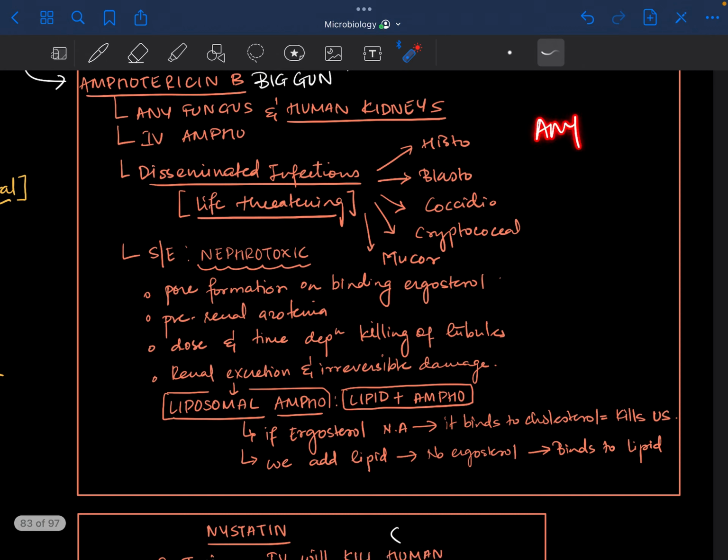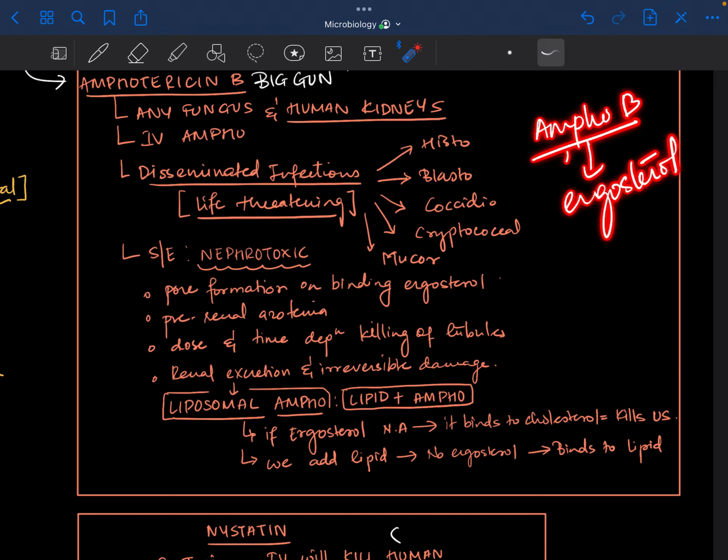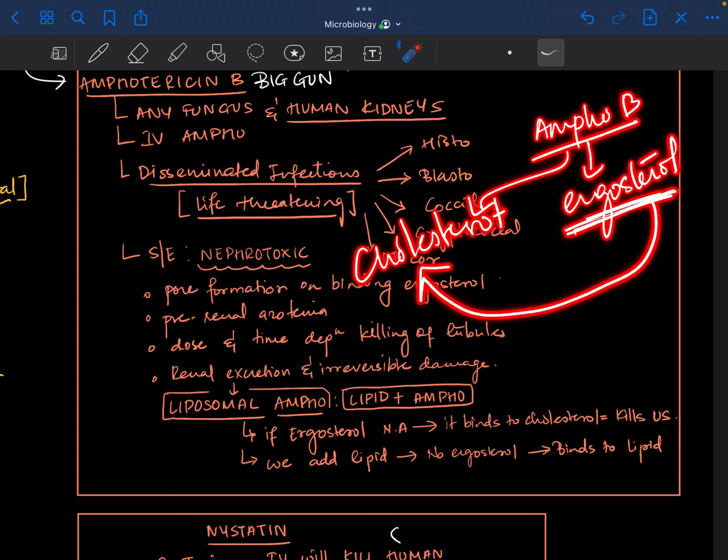Now, amphotericin B is going to attack your ergosterol, right? It will also attack similarly your cholesterol. So in your blood, if ergosterol is not present, amphotericin B is going to attach to cholesterol and kill your tissues.